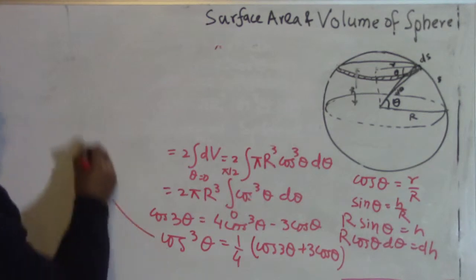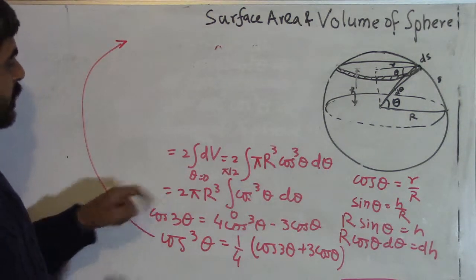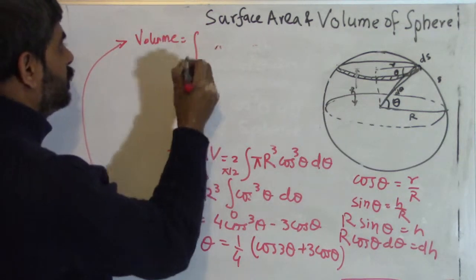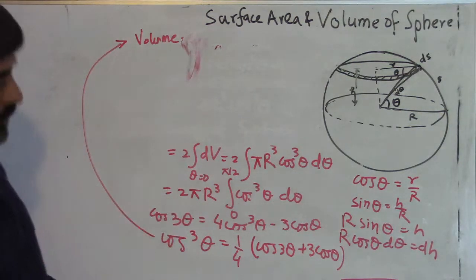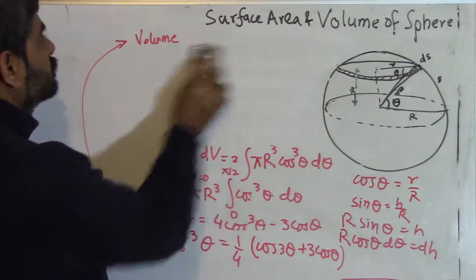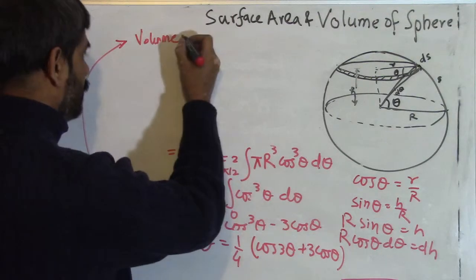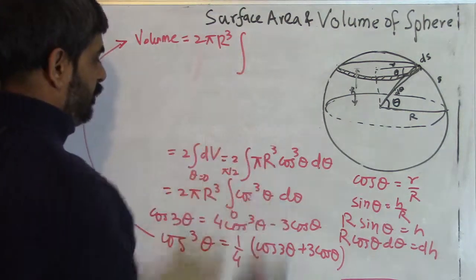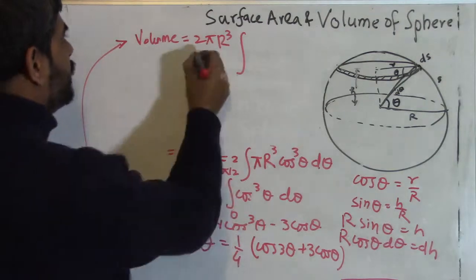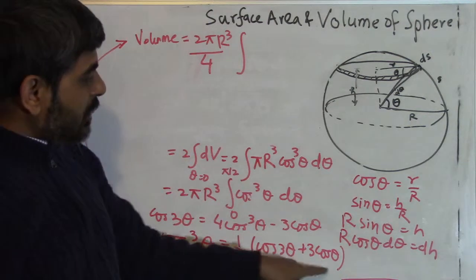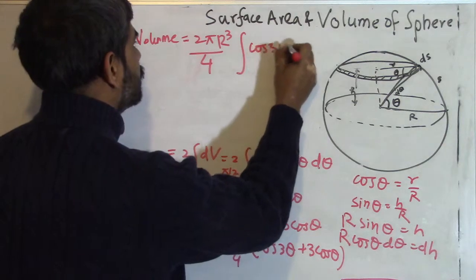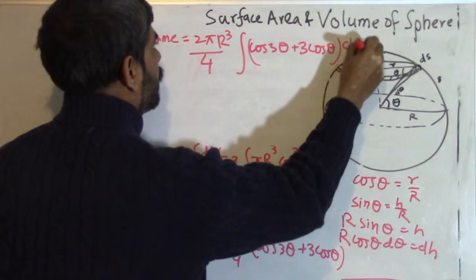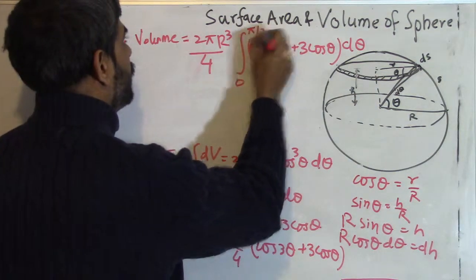So from here, we come back here, we have the volume equal to 2 pi r cube integral of 1/4 into cos 3 theta plus 3 cos theta, d theta, as theta varies from 0 to pi by 2.